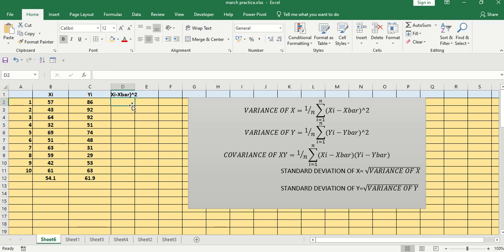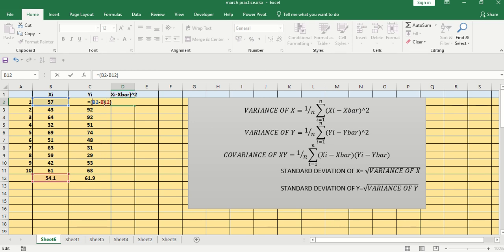We have to start with an equal sign so that Excel may read it as a formula. So start with the equal sign, then click xi number 1. Then click the minus sign, minus the x bar, then close the bracket.